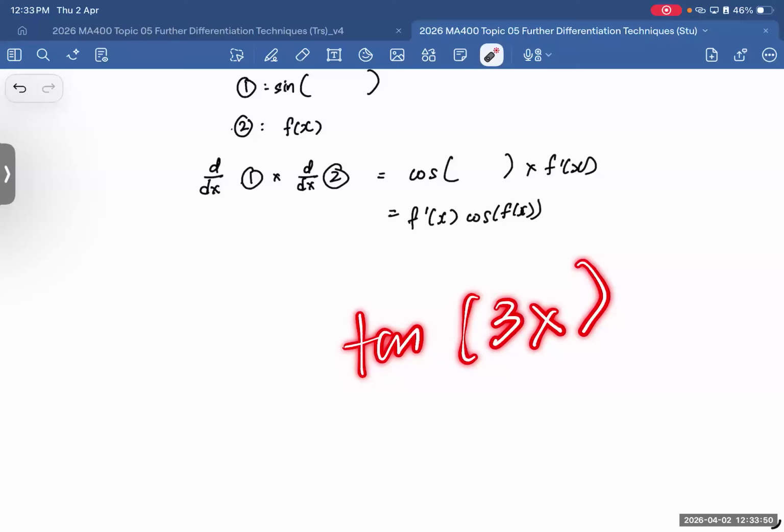So this is my second time teaching the chain rule. If you are at question 1.4 now, please tune in. This is my second time going through the chain rule for trig functions, which is very confusing.